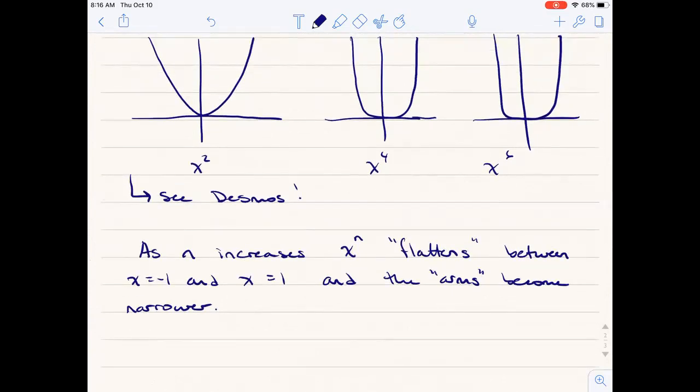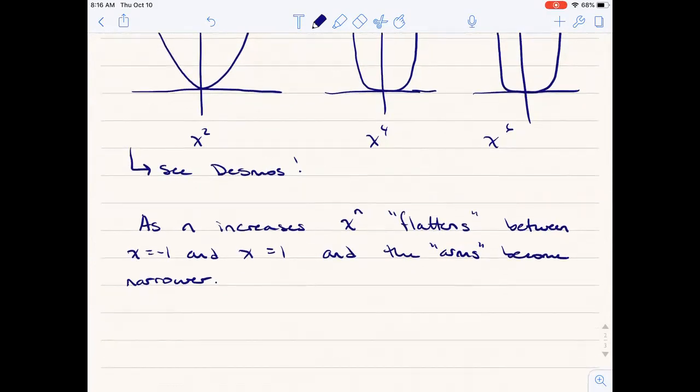Just like x squared, x to the power of 4, x to the power of 6, as long as you have an even power, what happens with a negative x? A negative x is just going to yield a positive value. So it basically just ditches the negative, and for any even power, that's how it's going to behave.